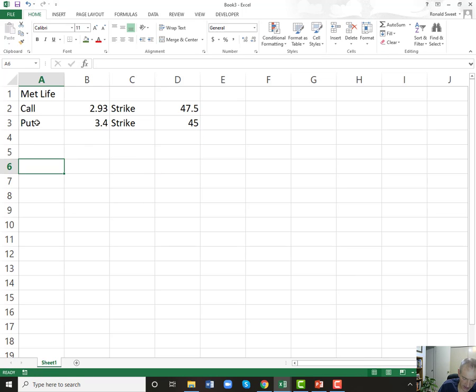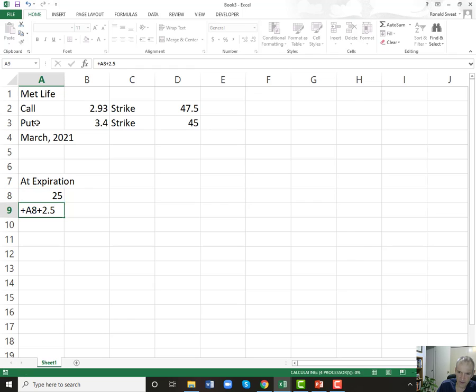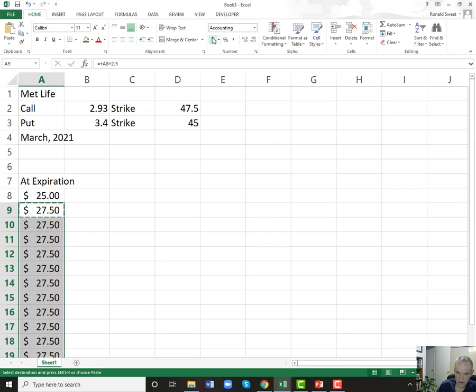So let's look at, and this is March 2021 is when it matures. So let's look at this at expiration. We saw a little bit of this when you did the equity-linked annuities on the first exam. But let's ask, what if the stock's trading for $25? What if it's trading for $27.50? And we'll just come all the way down to, who knows how far down we'll go.